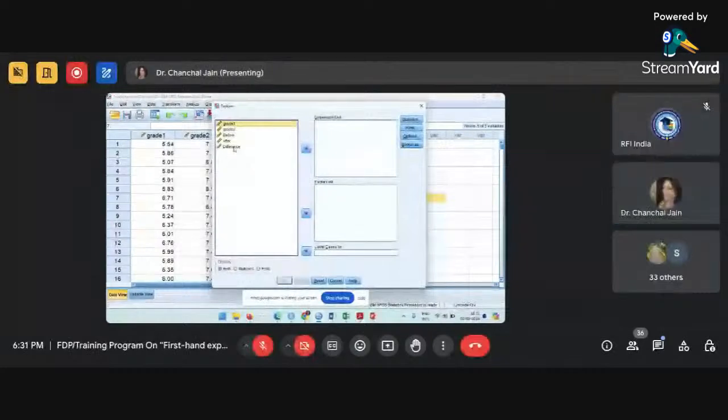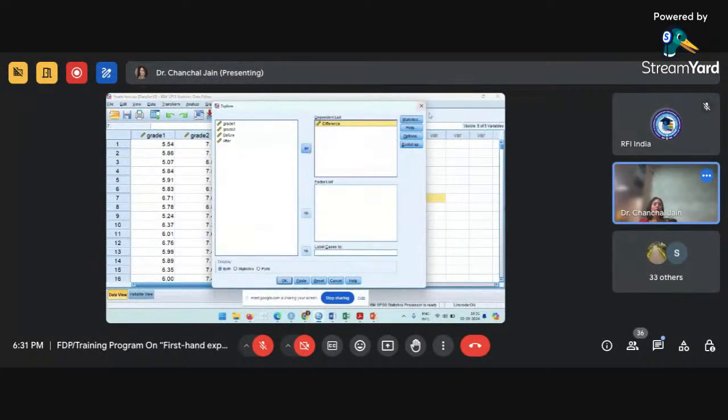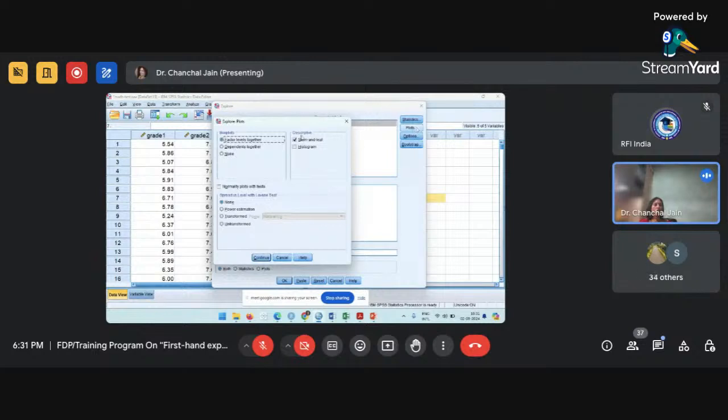Now difference is available. Shift it to the dependent list box. Click on the plots. Deselect stem and leaf. Select histogram, select normality plots with tests, and then press continue. Yes, ma'am. Click on this continue button.